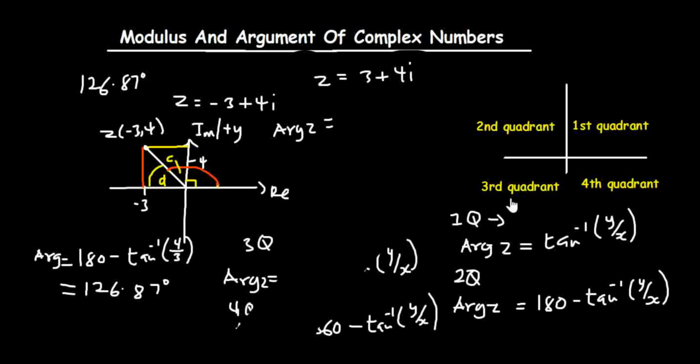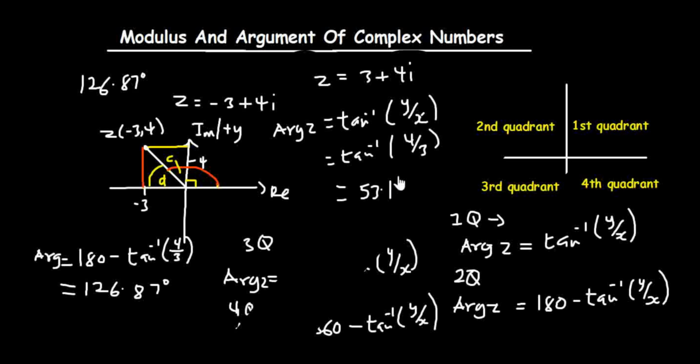So we will use the formula tan inverse of y over x. We know that y is 4 and x is 3, so that will equal the tan inverse of 4 over 3, which gives us a value of 53.1 degrees.